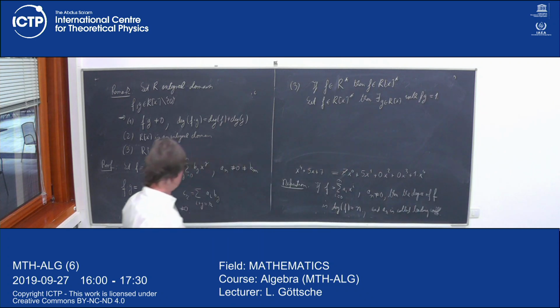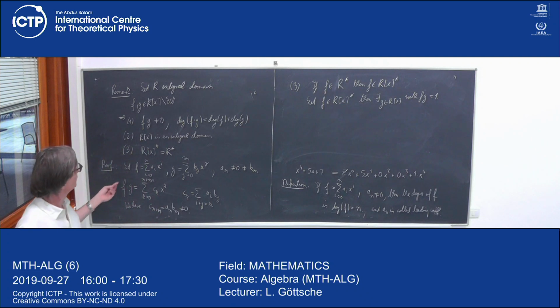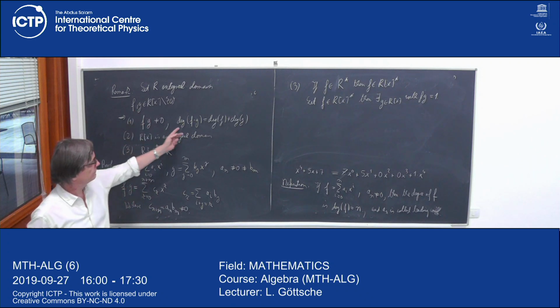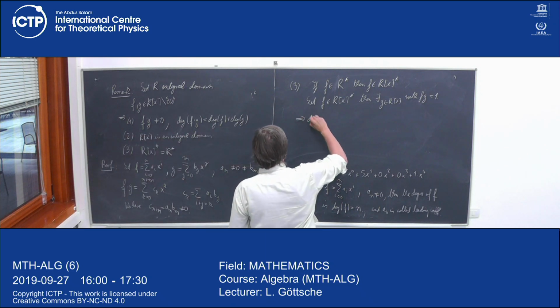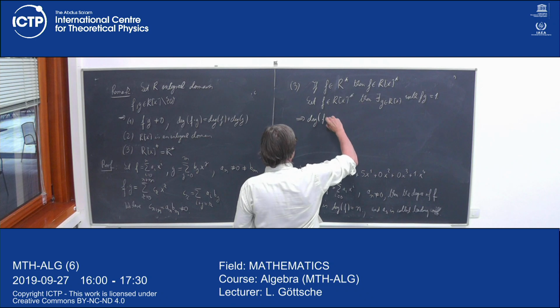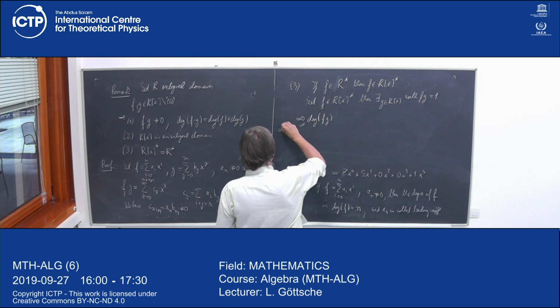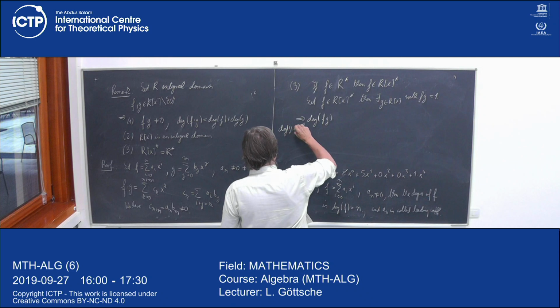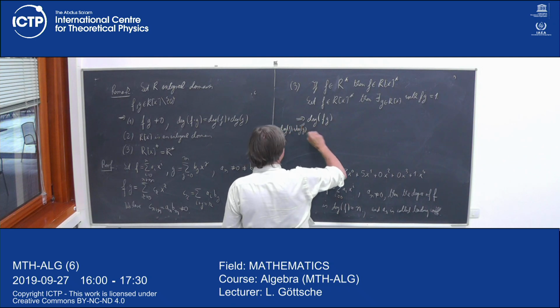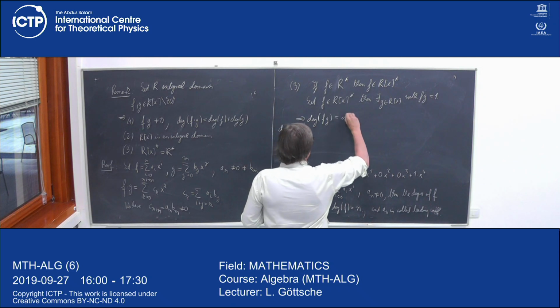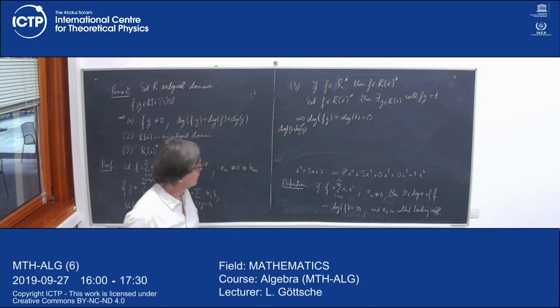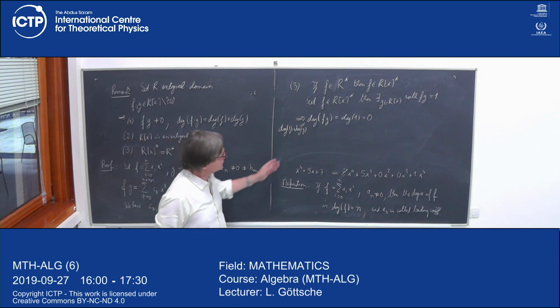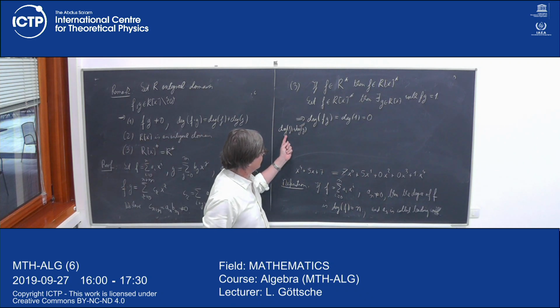But we have seen that the degree is additive. So it follows that the degree of f g, which is equal to the degree of f plus the degree of g, is equal to the degree of the constant polynomial 1, which is 0. So therefore, as the degree of a non-zero polynomial is always non-negative, it follows that both these numbers must be 0.